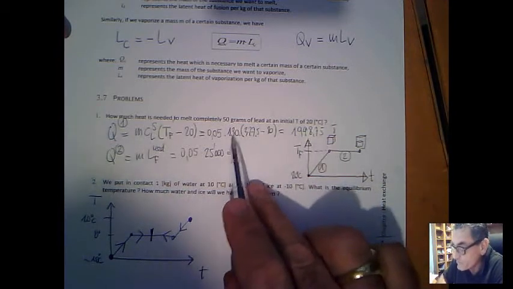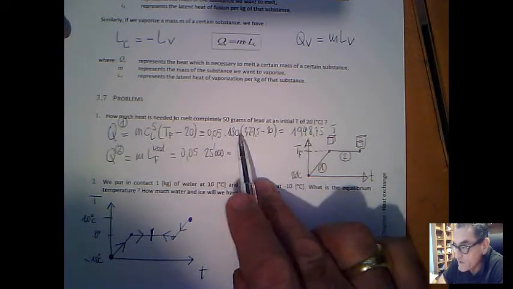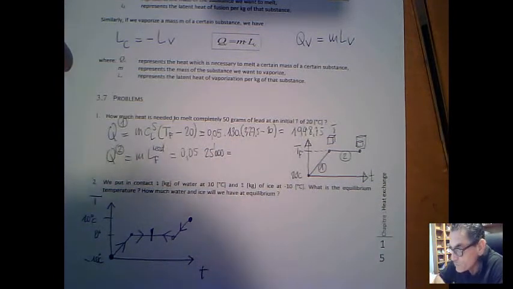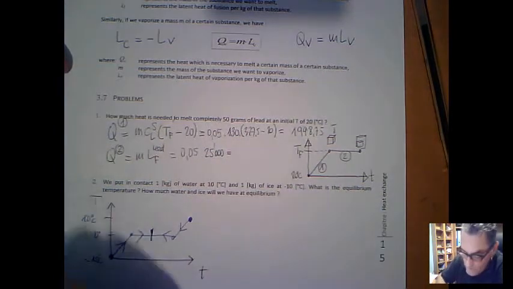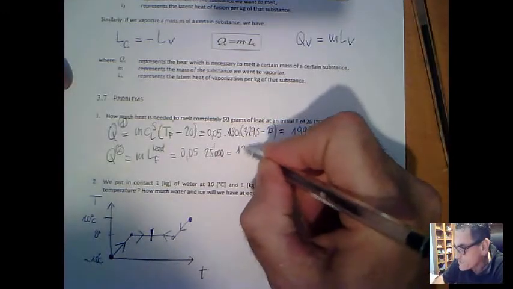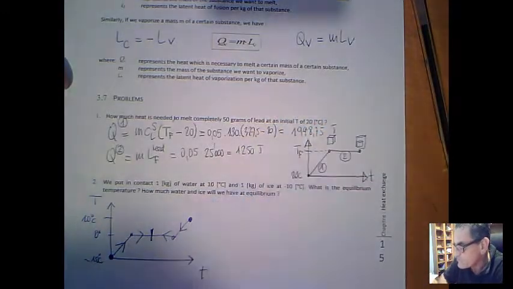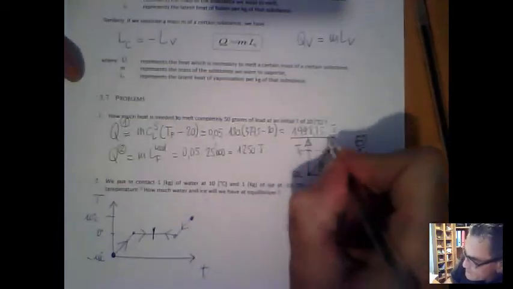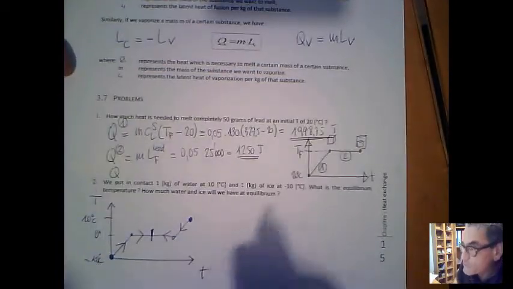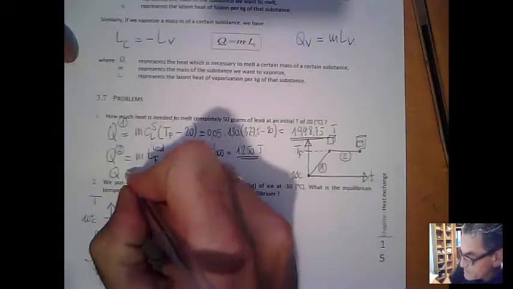This is just due to the fact that, first of all, the C of the lead is very small, and then the quantity of lead is very small too. And for the second one, we have 0.05 times 25,000, and that gives us 1,250 joules.